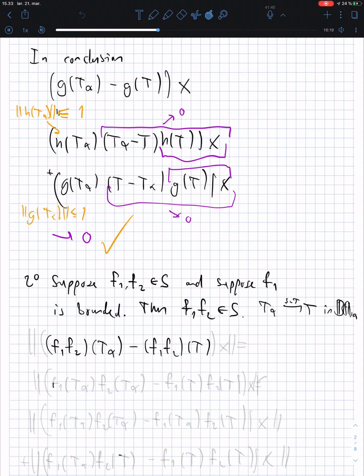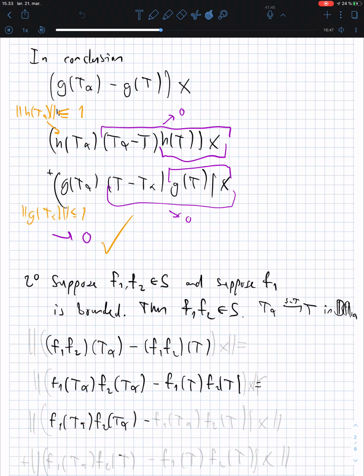So this is just f1 of t alpha, f2 of t alpha minus f1 of t, f2 of t, and then I will add and subtract something to give me something I can work with.